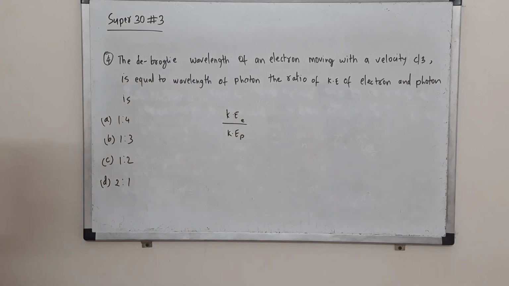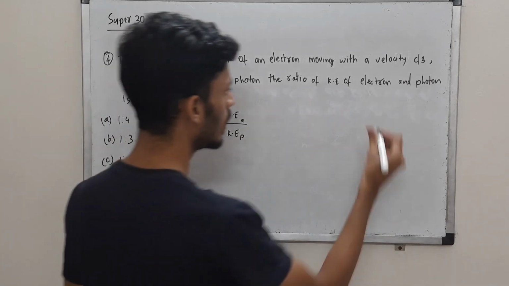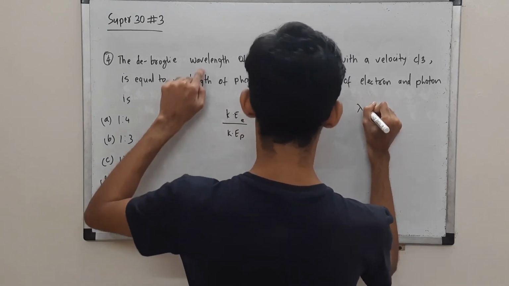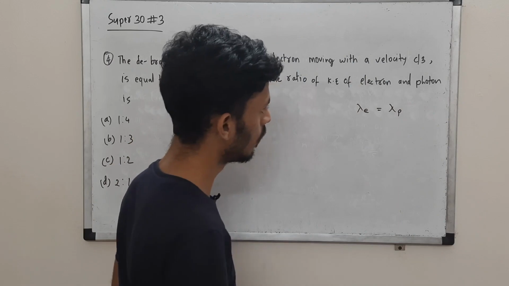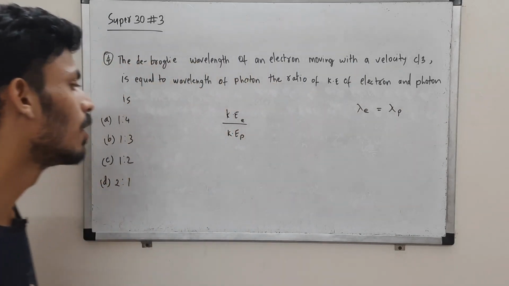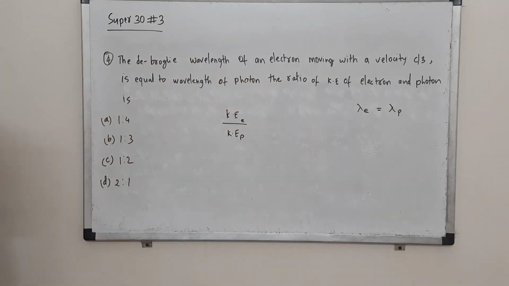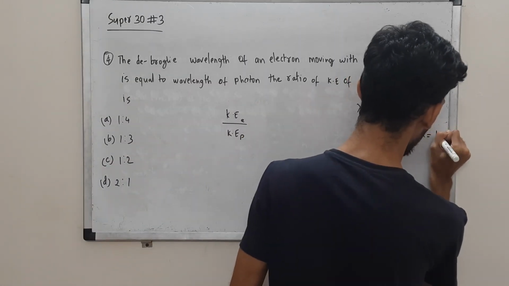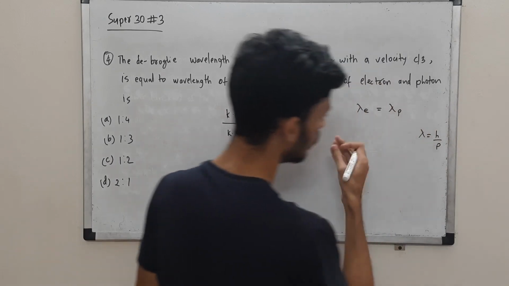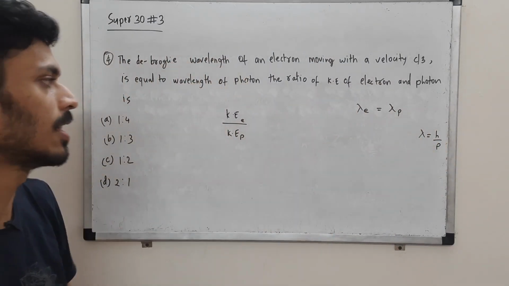Okay, so we are being given that the de Broglie wavelength of our electron is equal to that of the photon. From here we can conclude that their momenta are equal, because the de Broglie wavelength is basically h by p. h is a constant, so you can cancel it out on both sides.